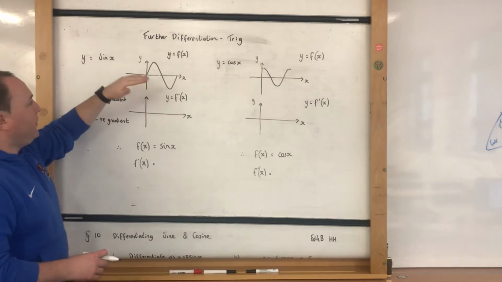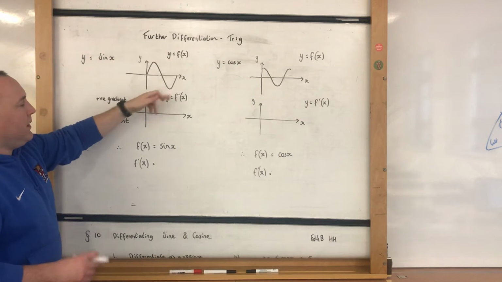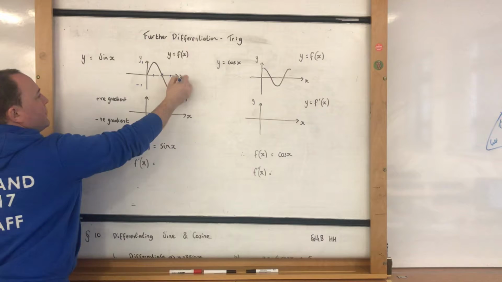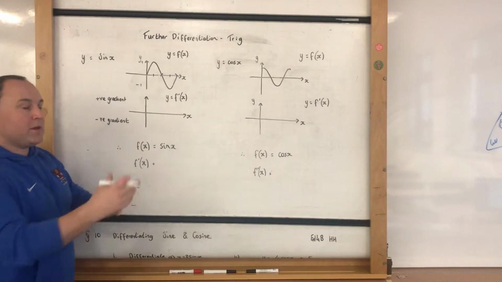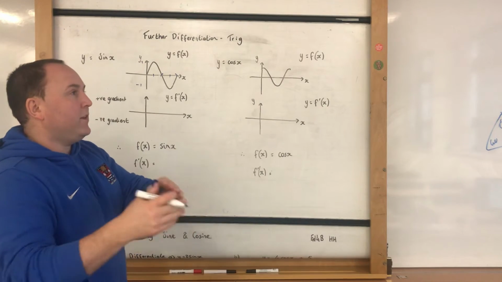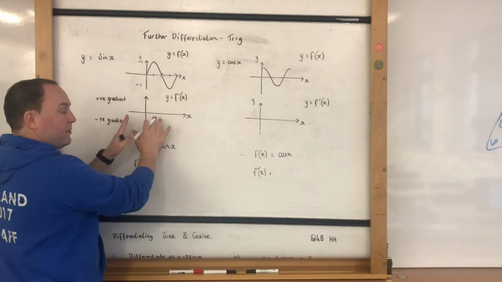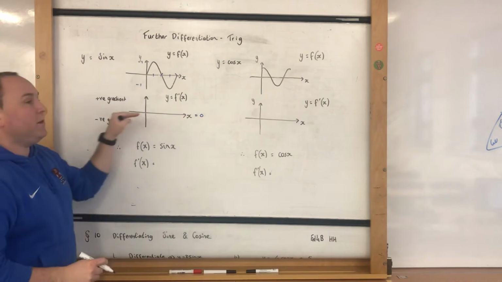Okay, so if we have a sine graph, maximum 1, minimum minus 1, 90, 180, 270, 360. If we were to draw the derivative of that, remember stationary points occur when the derivative equals 0. So this derivative graph that we're going to draw, this is our 0. Stationary points occur when dy by dx equals 0.